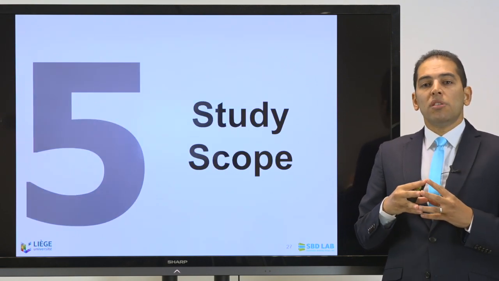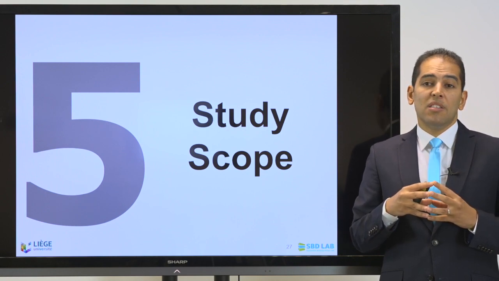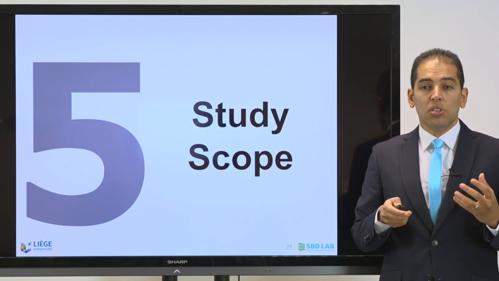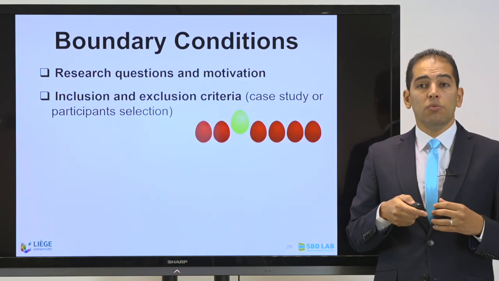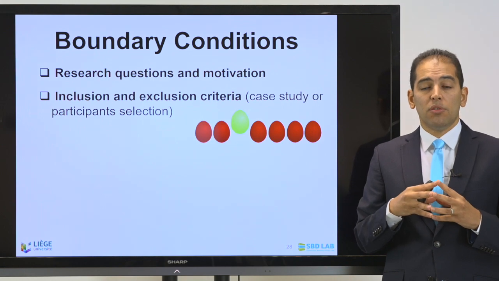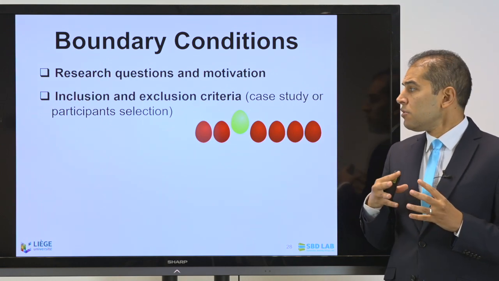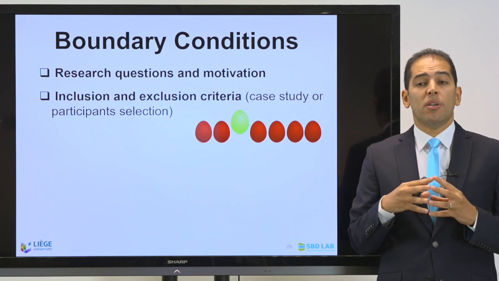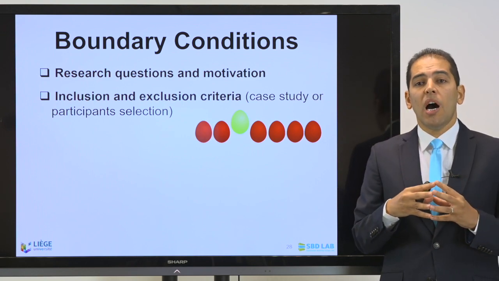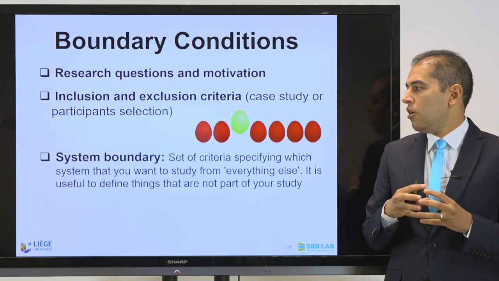One very important component of any research design is also to address the study scope. What will be the boundary conditions of your study? In this sense, you need to set up your research question at the beginning and define the motivation of your research. You need to come up with inclusion and exclusion criteria for your case study or participant selection to make sure how and why you are going to focus on a specific sample of the population.